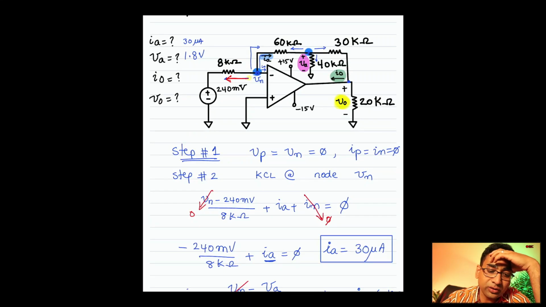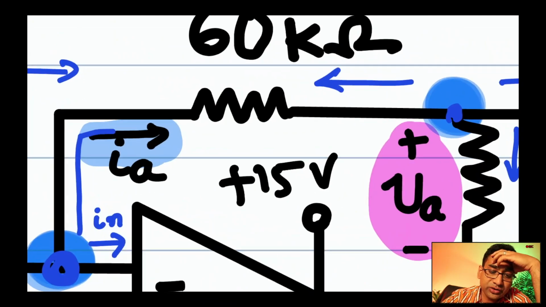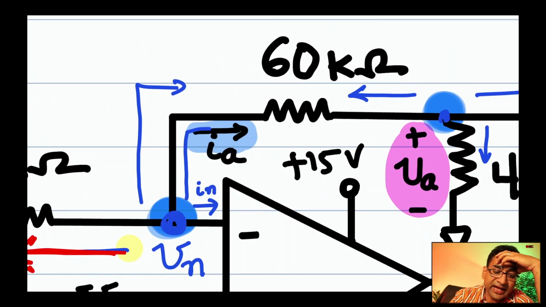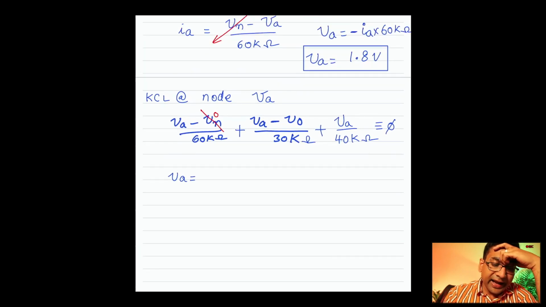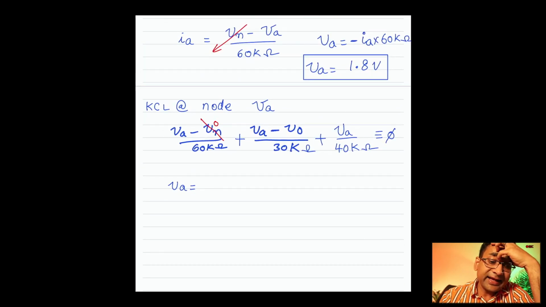Okay, so all we did was to look at the branch current IA. IA is nothing but Vn minus Va over 60 kilo ohms, right? That's what we did. Now let's go on to writing the KCL at node VA.